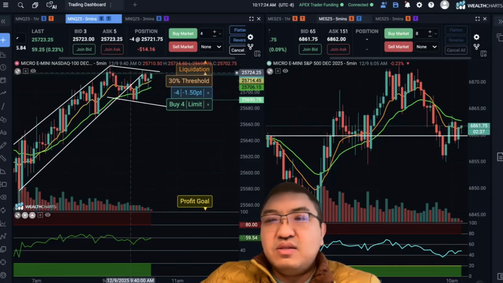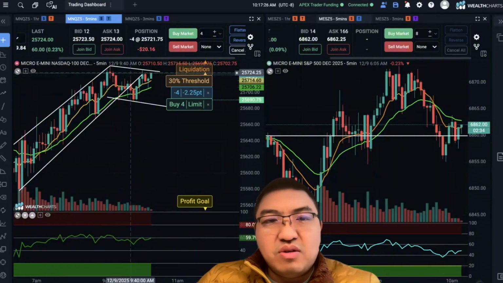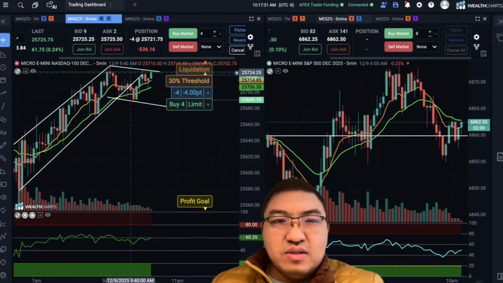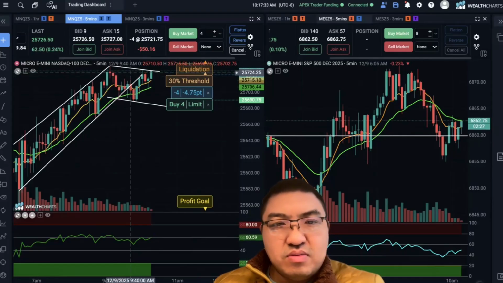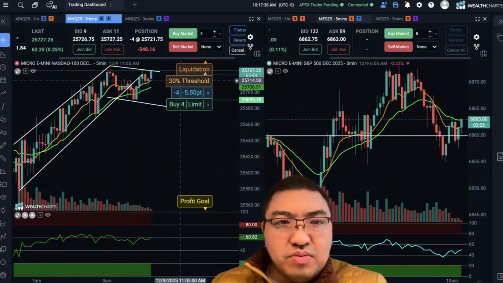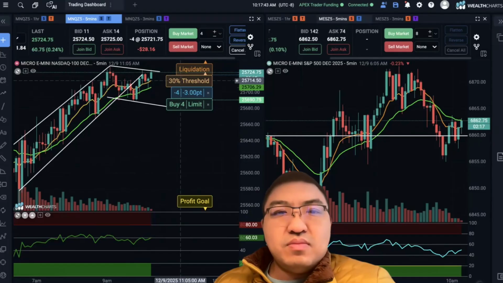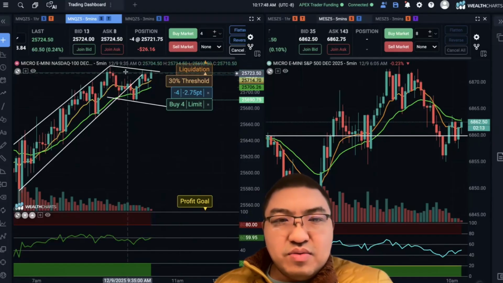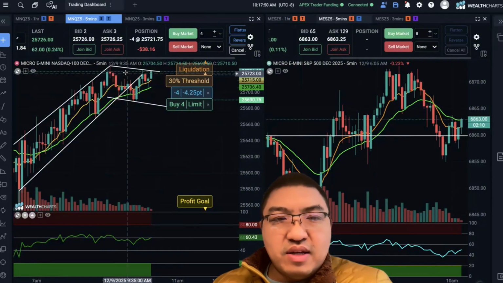Let's see. Yes, now ES shows intention to go downward, while NQ is trying to push up. So we just set the entry price at something that we have more confidence will trigger, but it's not necessarily the highest that it can reach.